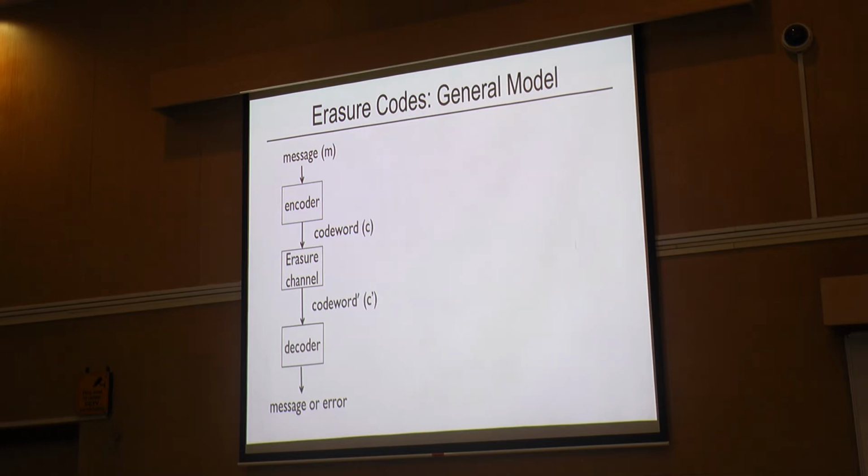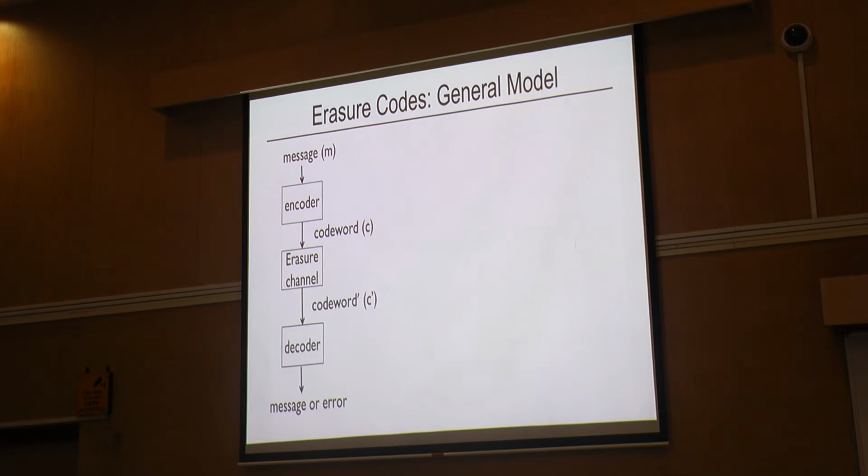Now this code word goes through this erasure channel, and then it comes out with some erasures, and we will represent it with C prime. It may or may not be equal to C, in the sense that there may or may not be erasures. Then what the decoder has is just this C prime that came out of the channel, and using that it has to decode.